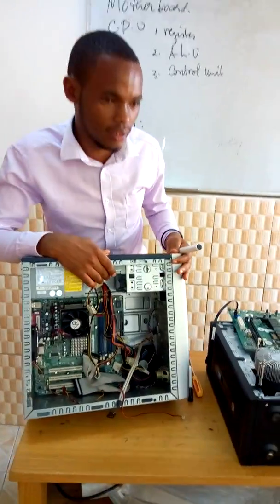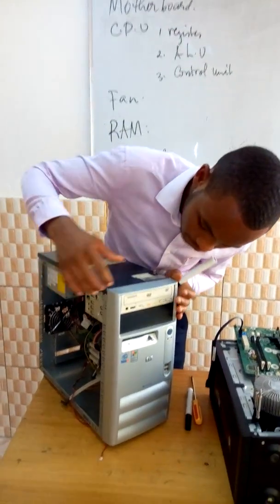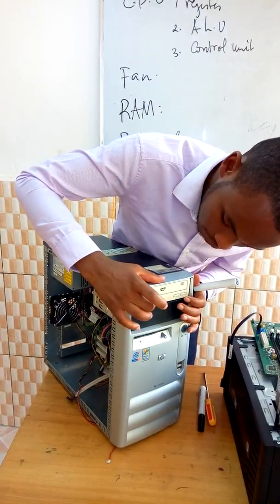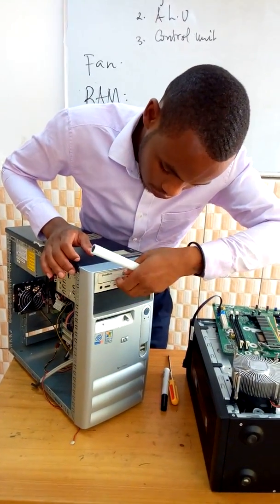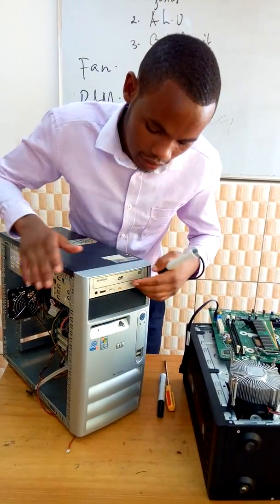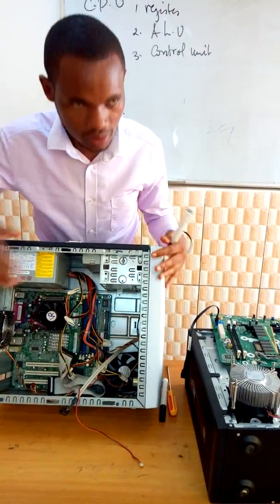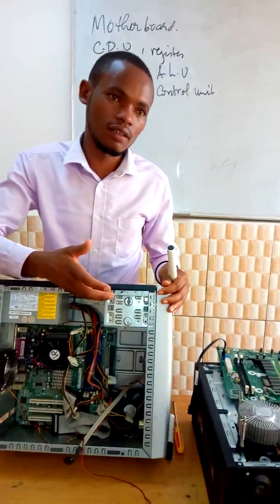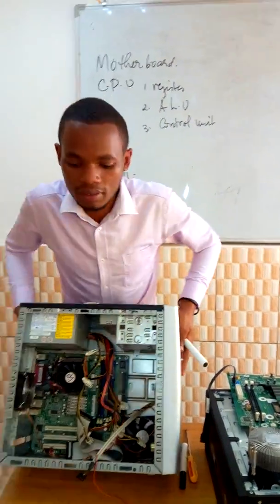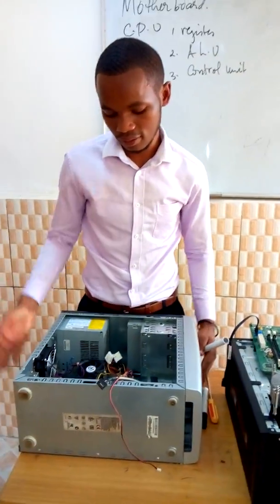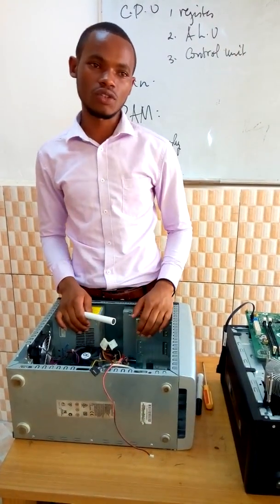So if you want to read those data, we press open, then this device opens, you put the CD in, then you close it, and of course inside the CD reader can read data and send it to different parts, to the CPU for execution, or to the display for displaying.